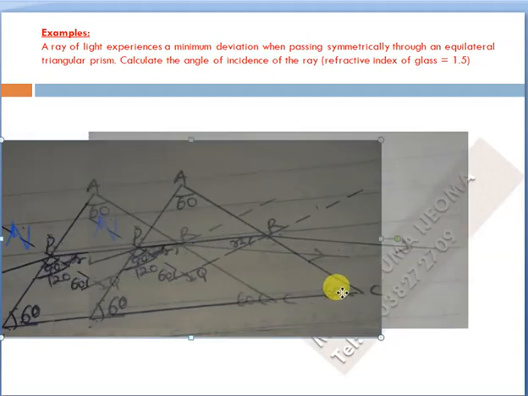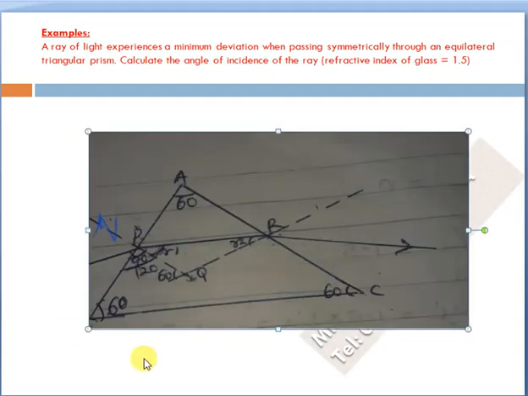Now, angle BPR. We have our B here, our P, and our R. So this angle here, that is angle BPR. The whole angle here, from here to here. Remember, angle on a straight line is how many? 180 degrees.